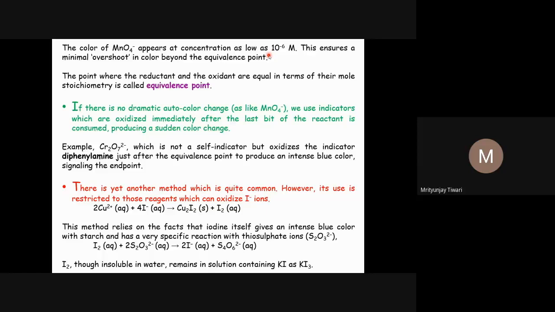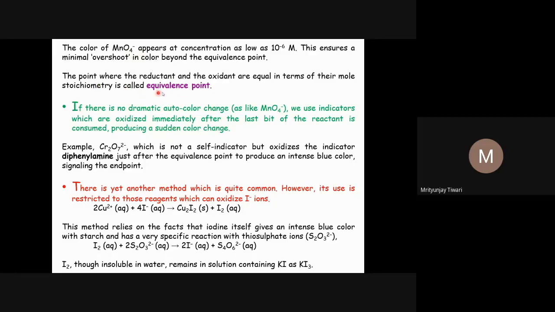If you take that amount into the calculation to find the amount of the oxidant, it will lead to a wrong result. But with the permanganate excess, it won't affect the calculation. The change will be at the third or fourth decimal place, so it is almost as exact as if there were no MnO4 minus ion in excess.